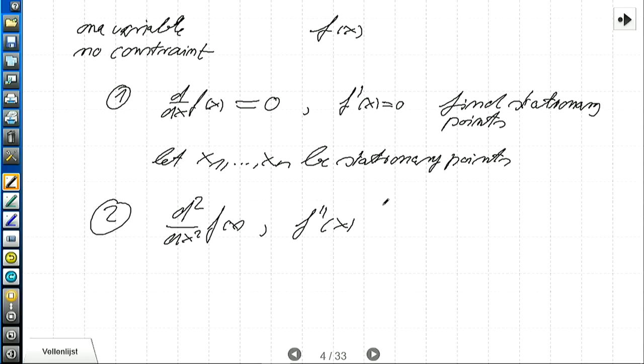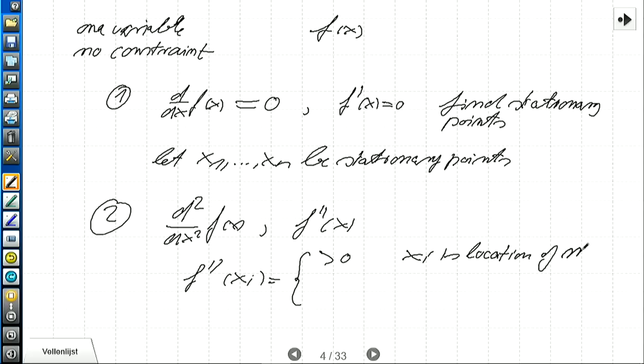The question we ask is this: if I fill in my point here, there are several outcomes. If the value is positive, then xi is the location of a minimum.